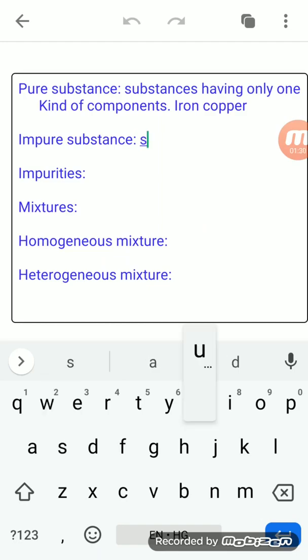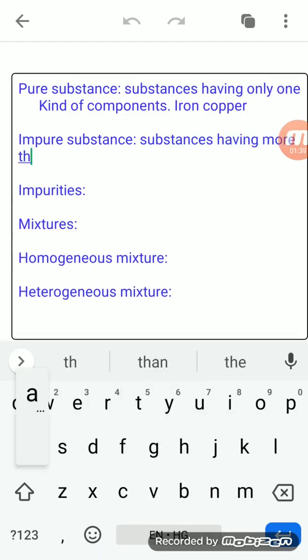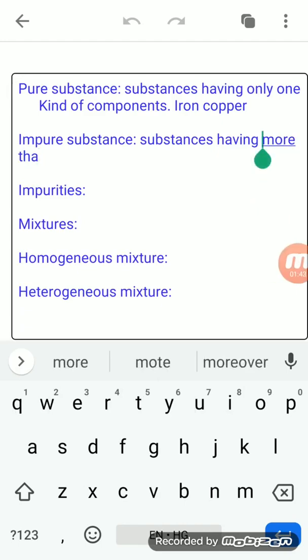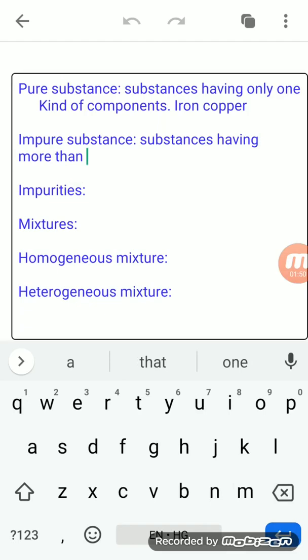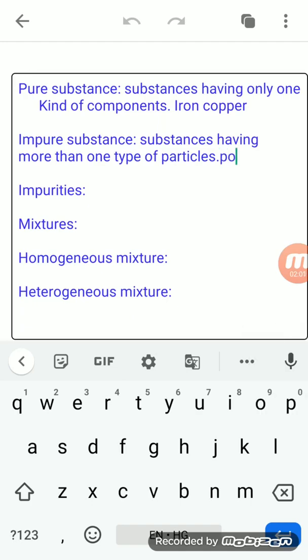So we can say substances having more than one type of particles. For example, a lot of examples are there, like pond water.